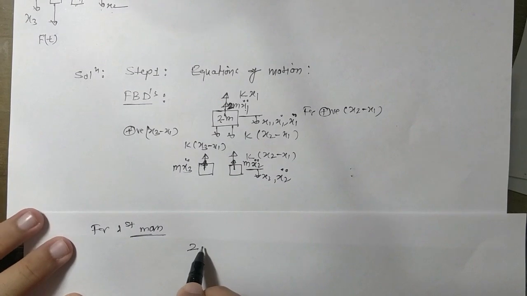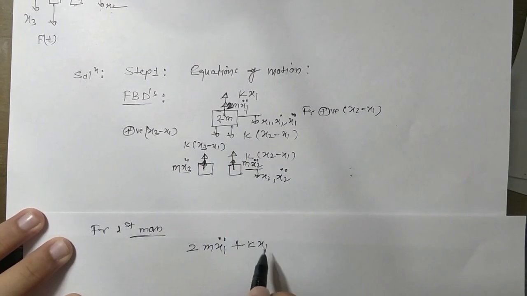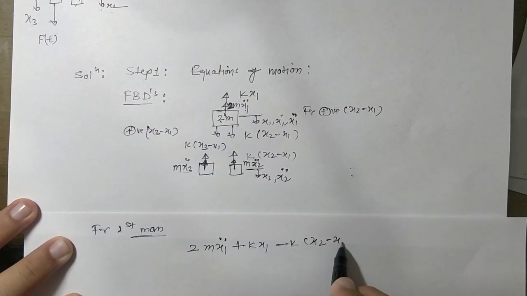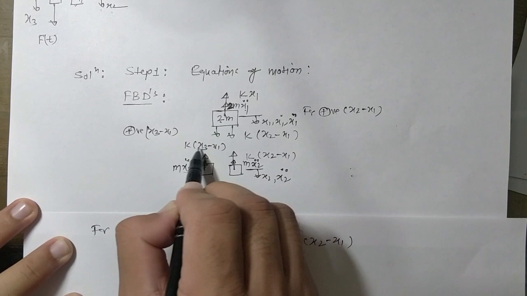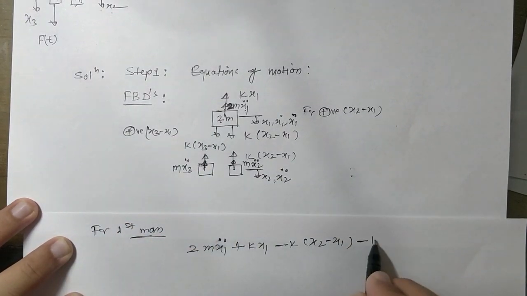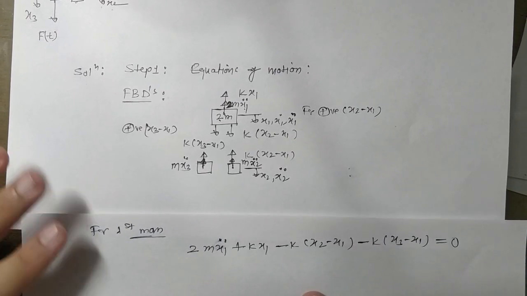So this is 2m x1 double dot plus k x1 minus k times (x2 minus x1), and the third force is minus k times (x3 minus x1), equal to 0.